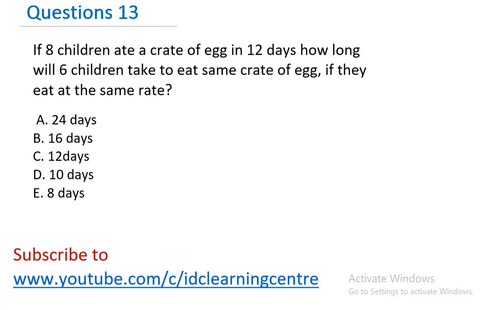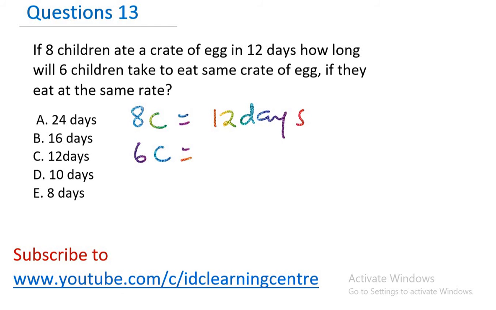Question 13. This question says, if 8 children ate a crate of egg in 12 days, this is also proportion. How long will these children take to eat the same crate of egg if they eat at the same rate? If 8 children can finish the crate of egg in 12 days, if you reduce the number of children to 6, it will take them more time.